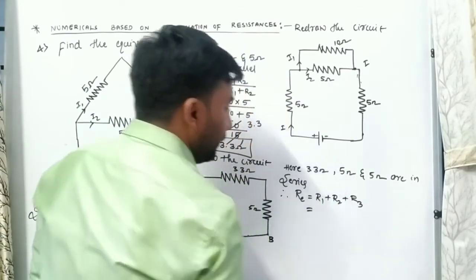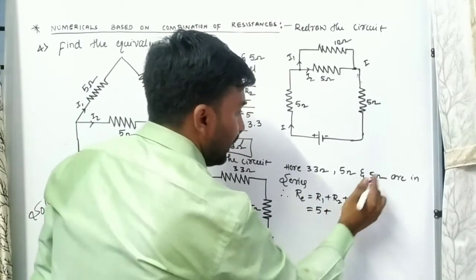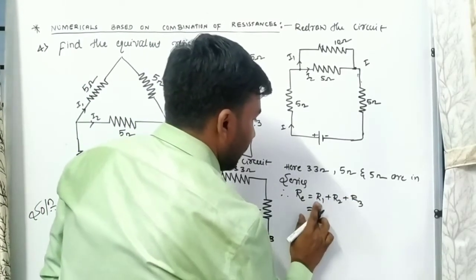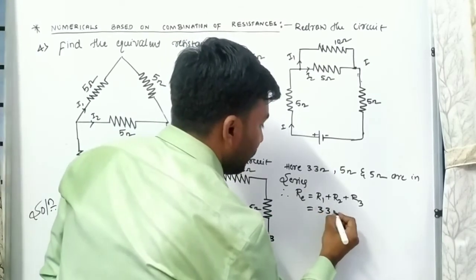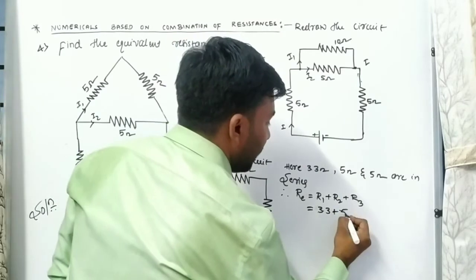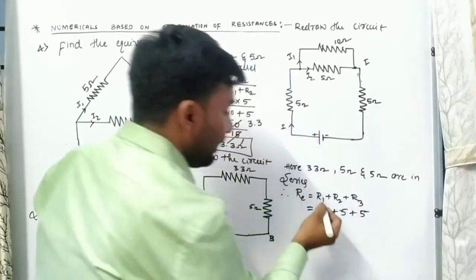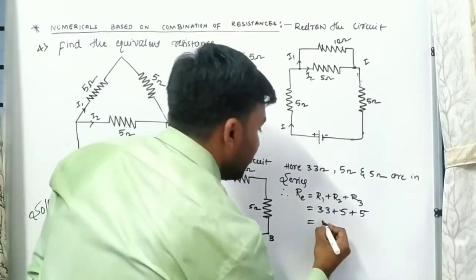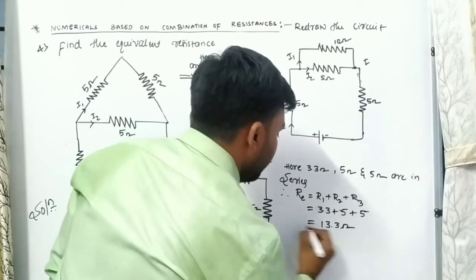R1 it is 3.3, R2 it is 5, R3 it is 5. Now add all these three, it is 13.3 ohm.